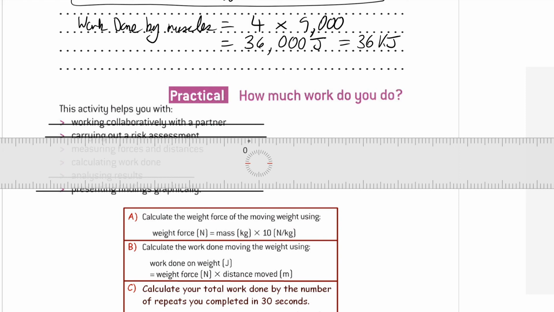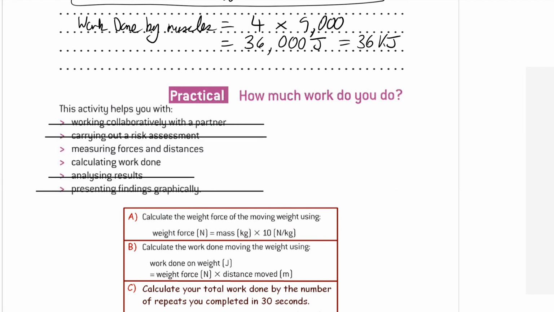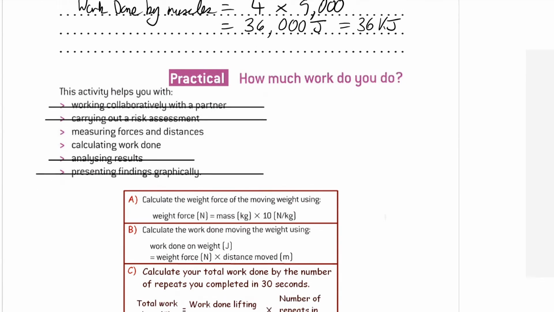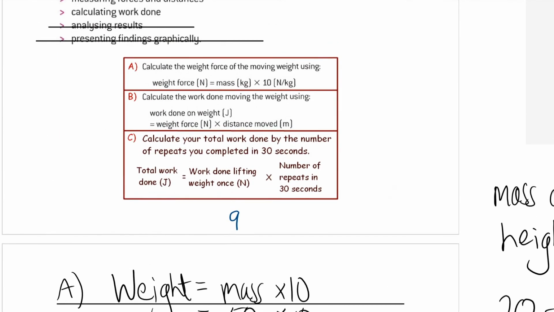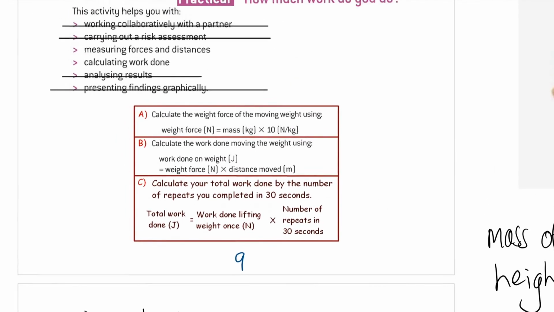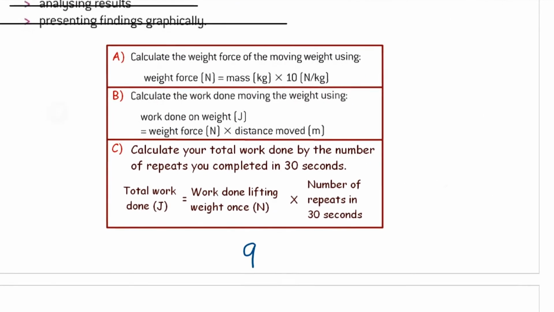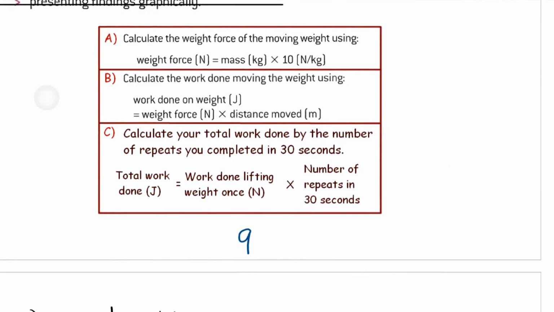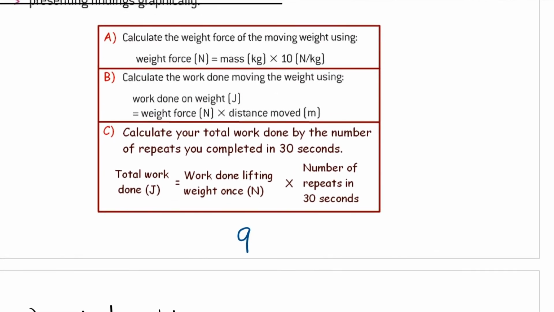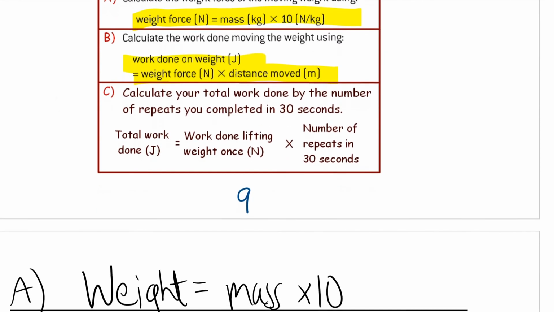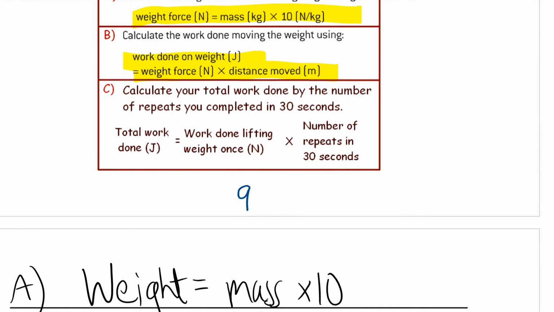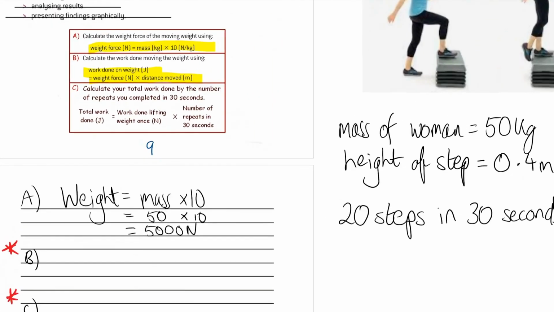So I won't ask you to do that, but what I would like you to do is basically A, B and C underneath, which is calculate the weight force of moving the weight using that equation highlighted, then the work done using this equation, and the total work done by the number of repeats you complete in 30 seconds. So we need to know a few things.